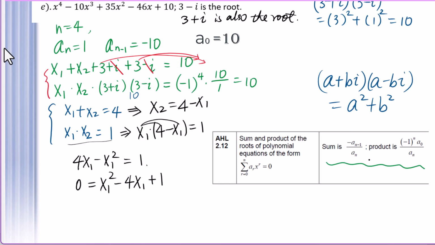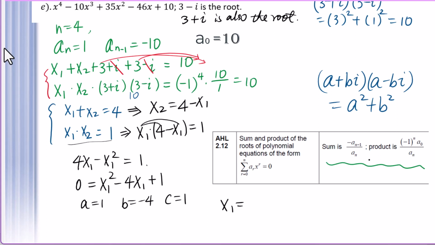We cannot factor this quadratic function. We have to use the quadratic formula. a equals 1, b equals negative 4, c equals 1.